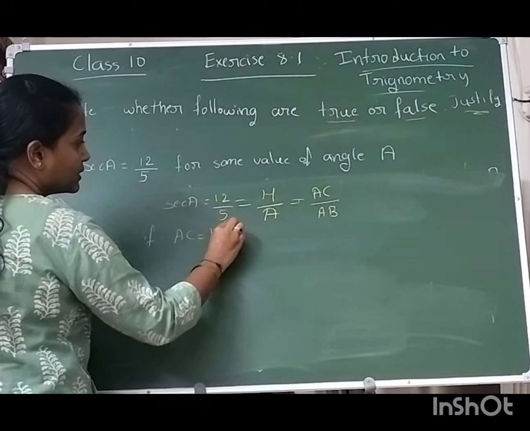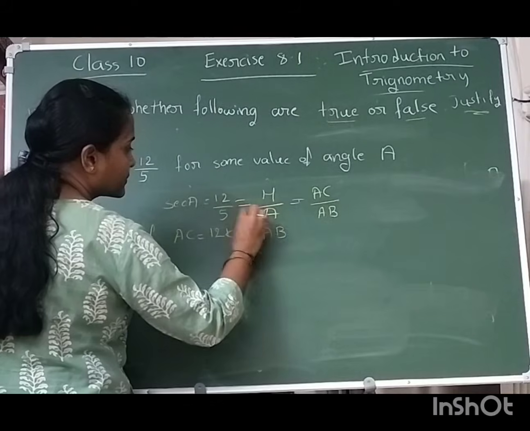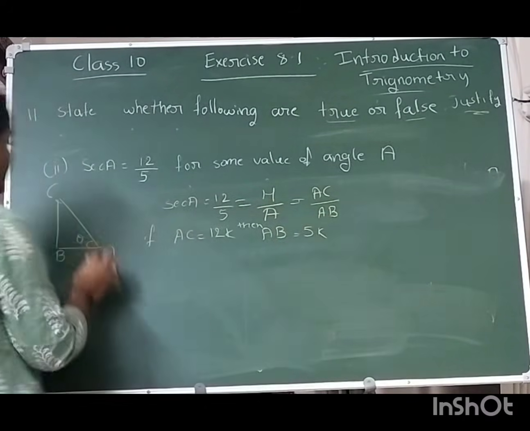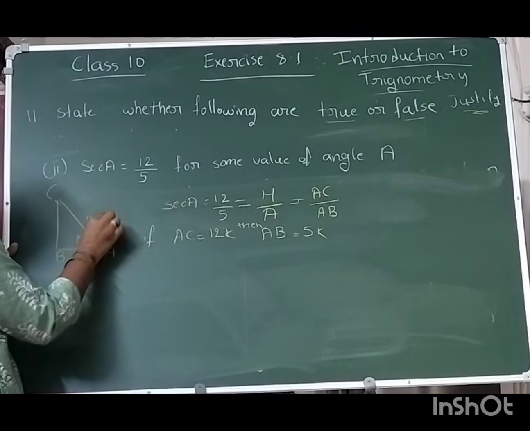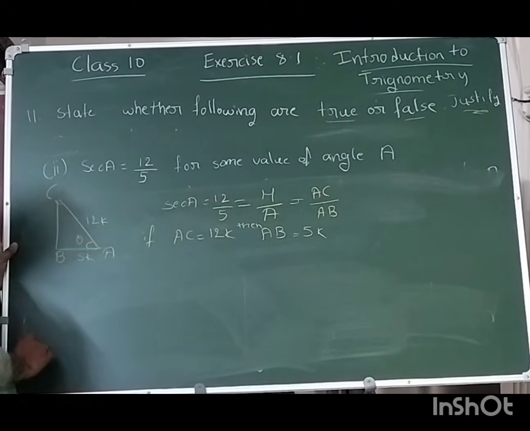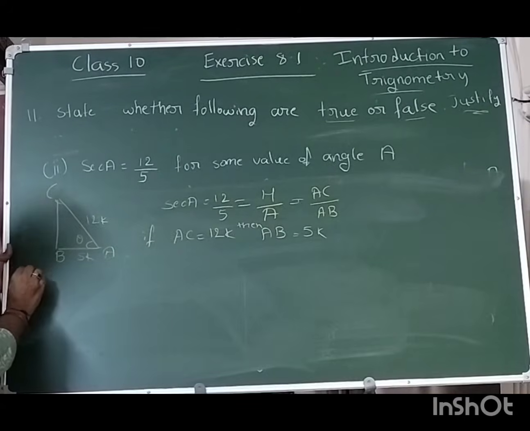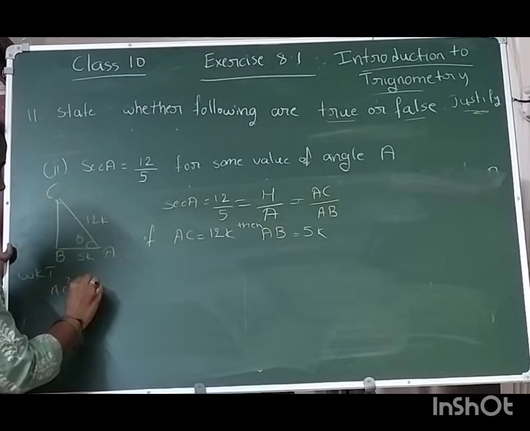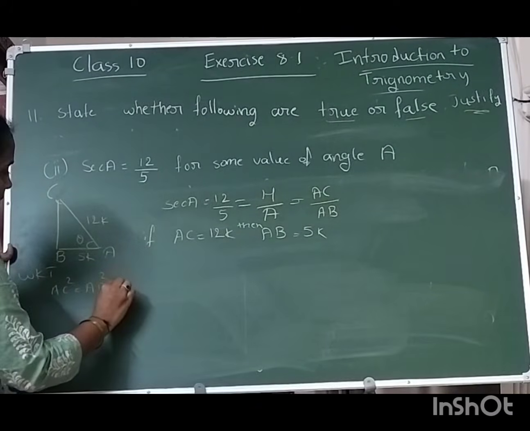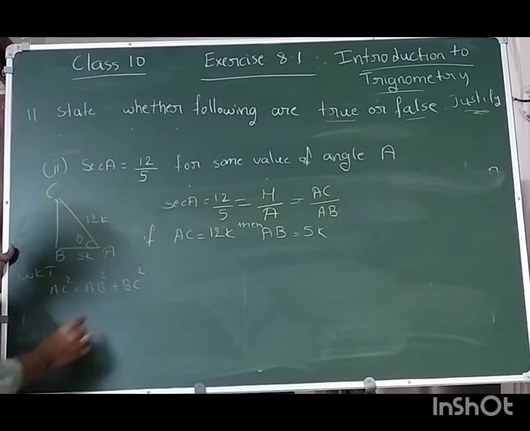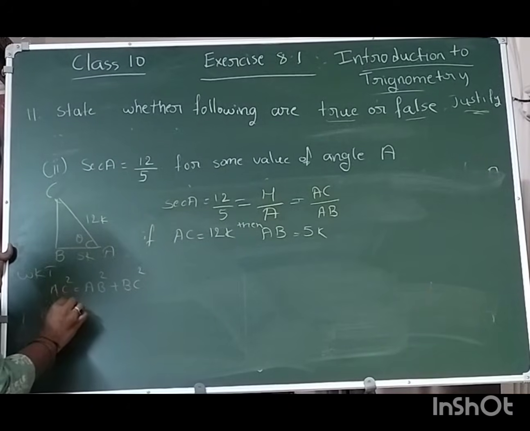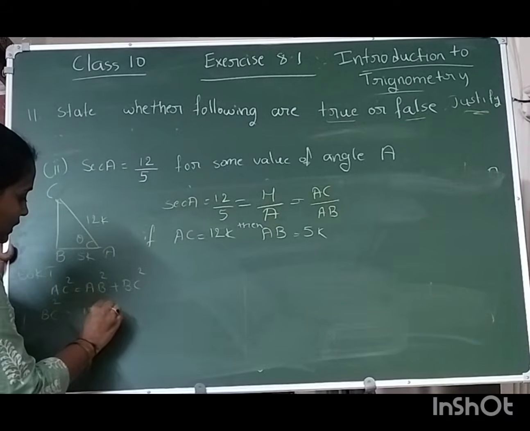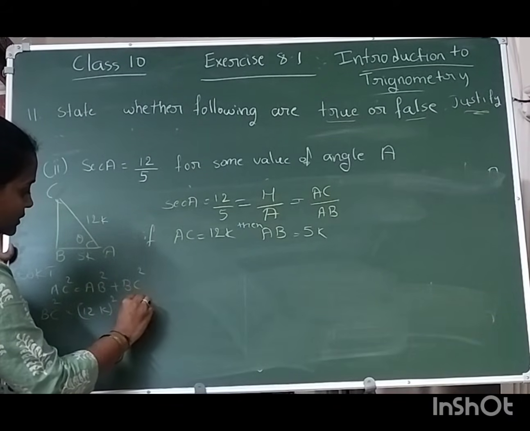If AC is 12K, then AB will be 5K. We can write in the figure AC is 12K and AB is 5K. We need to find out BC. We know that AC square is equal to AB square plus BC square. On rearranging, we'll get BC square equal to AC square minus AB square, right?